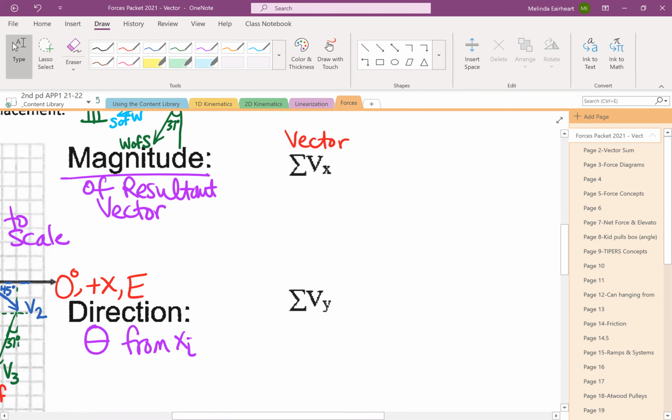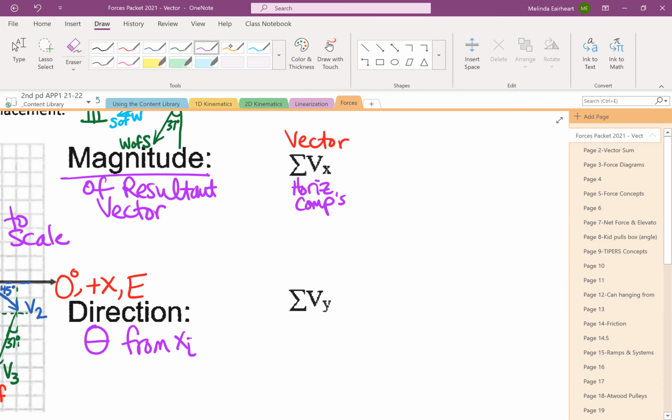You have to take direction into account. Well, some of these move in the horizontal, some move vertical. Just like we did with launch speed and impact speed, we break each vector up into components. And so this is the horizontal components, and then we have the sum.